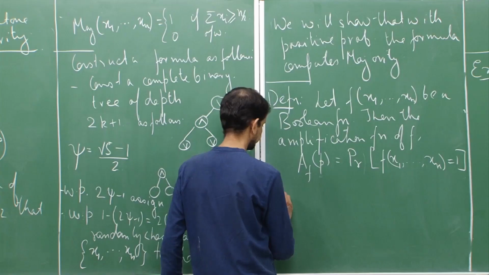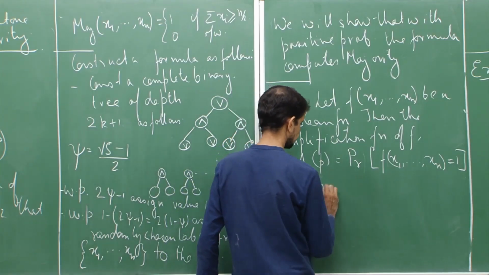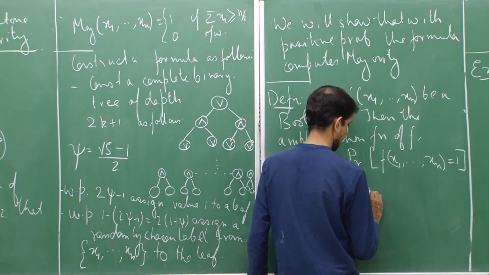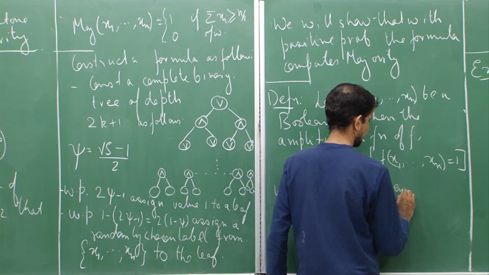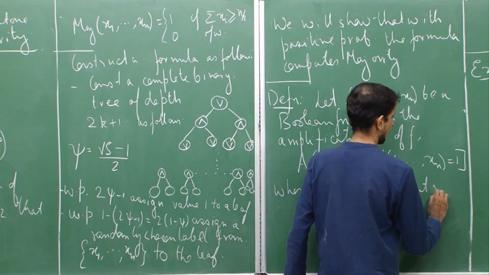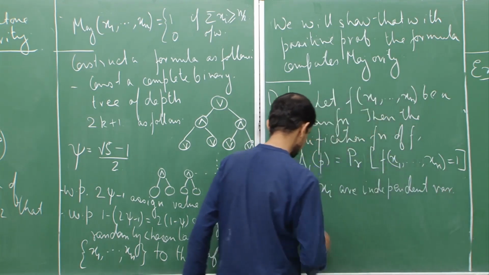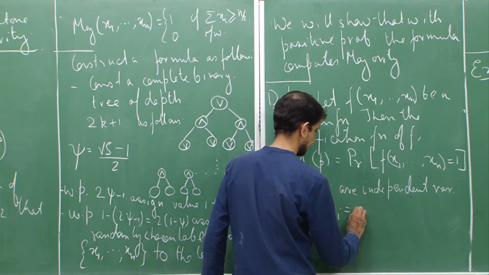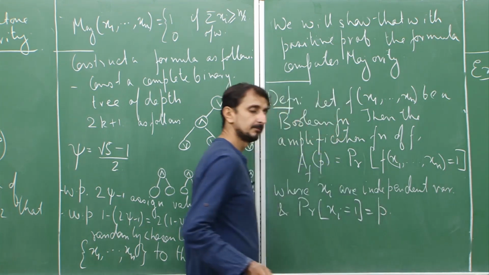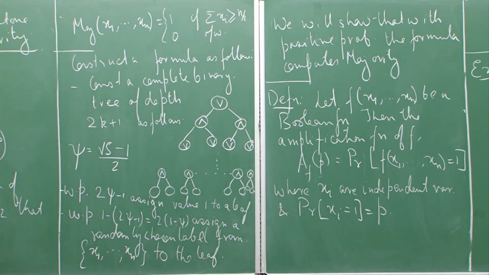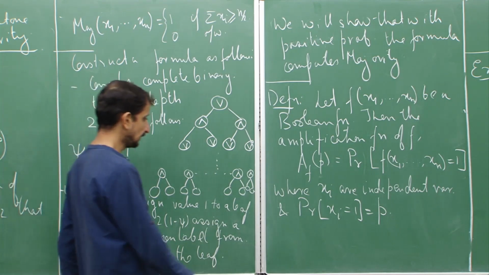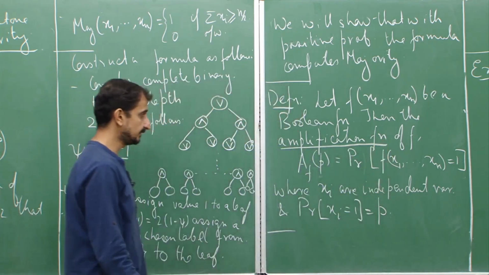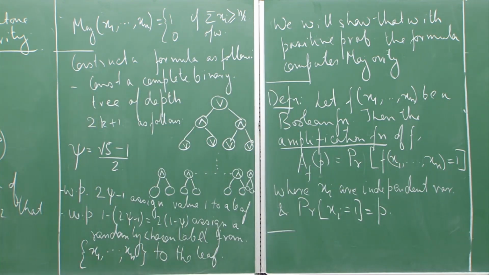So, where the xi's are independent variables and the probability that an xi takes a value 1 is p. The probability that it takes 0 is 1 minus p. Okay. So, this is the definition of the amplification function of f. Okay.